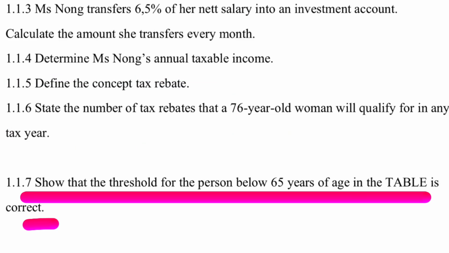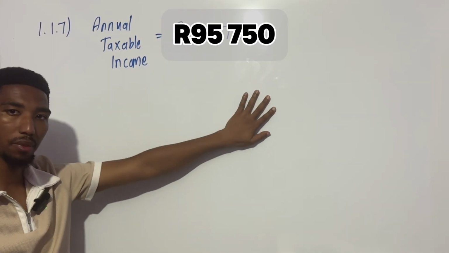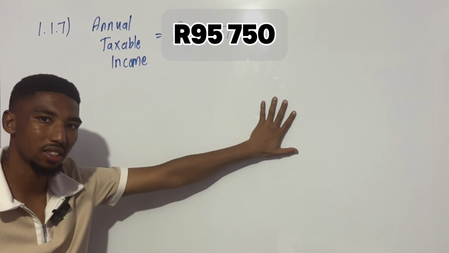1.1.7. Show that the threshold for the person below 65 years of age in the table is correct. Now, those tax thresholds are telling us that if a person earns 95,750 Rand a year, they will not pay any tax.